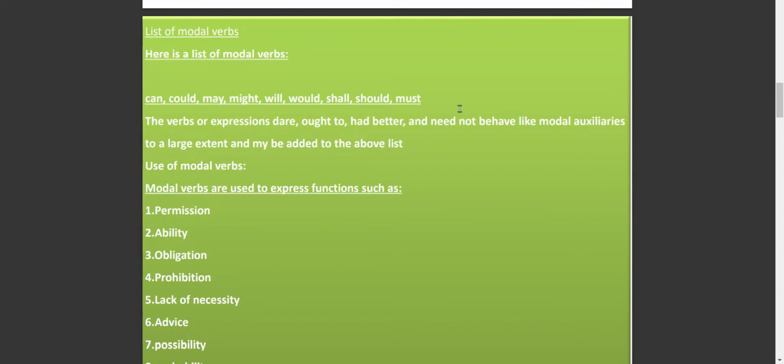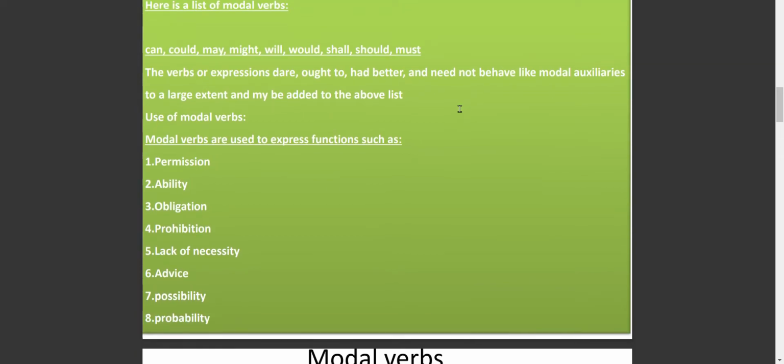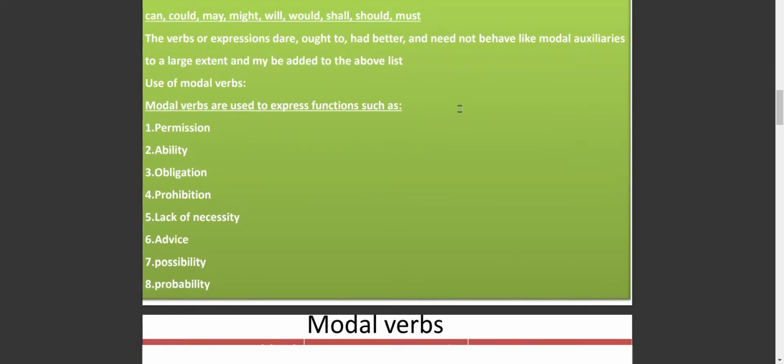Use of modal verbs. Modal verbs are used to express functions such as number 1, permission; number 2, ability; number 3, obligation; number 4, prohibition; number 5, lack of necessity; number 6, advice; number 7, possibility; and number 8, probability.